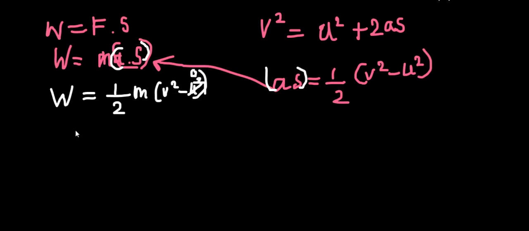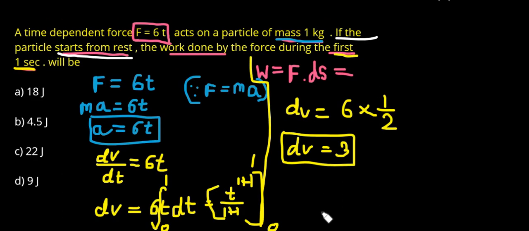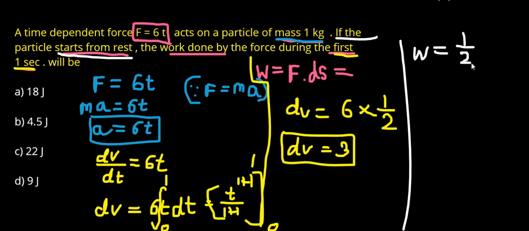Then the equation becomes 1 by 2 m into v square minus 0, which is nothing but the work done, 1 by 2 m v square. So the work done can be written as 1 by 2 into mass into velocity square. This is the velocity value.